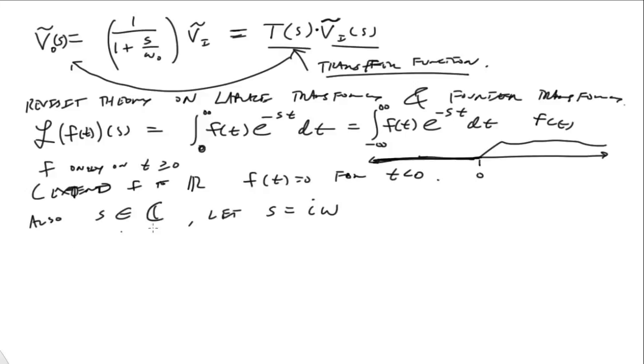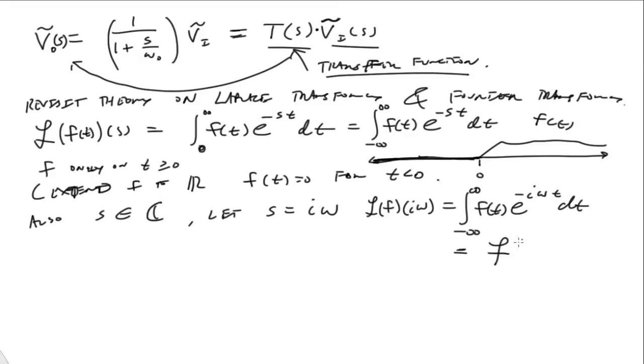Then we find that the Laplace transform of f at i omega is equal to the integral from negative infinity to infinity of f of t e to the negative i omega t dt. This looks exactly like a Fourier transform.